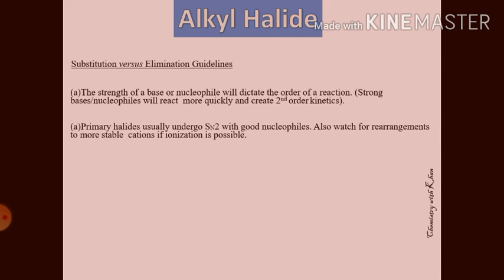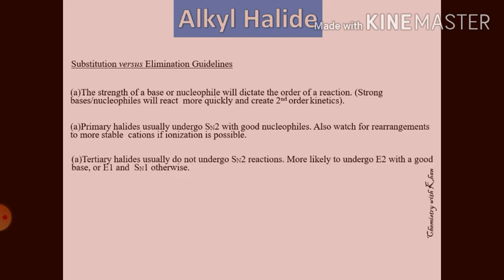It means that if there is any possibility of ionization, it may be rearranged. The third one is that tertiary halides usually do not undergo SN2 reaction. They are more likely to undergo E2 with a good base, and E1 and SN1 otherwise. In tertiary halides there will be a problem of steric hindrance.